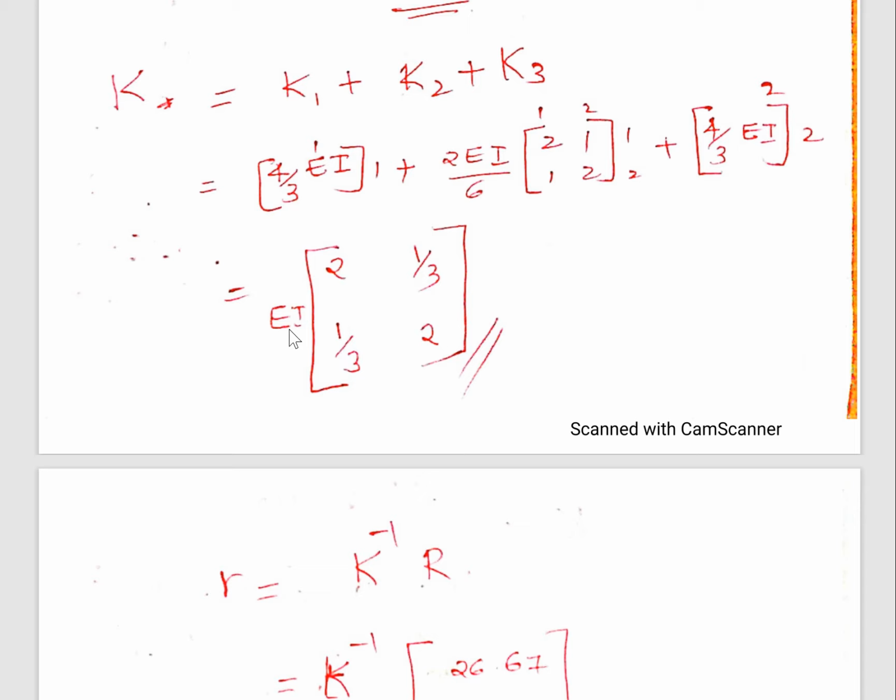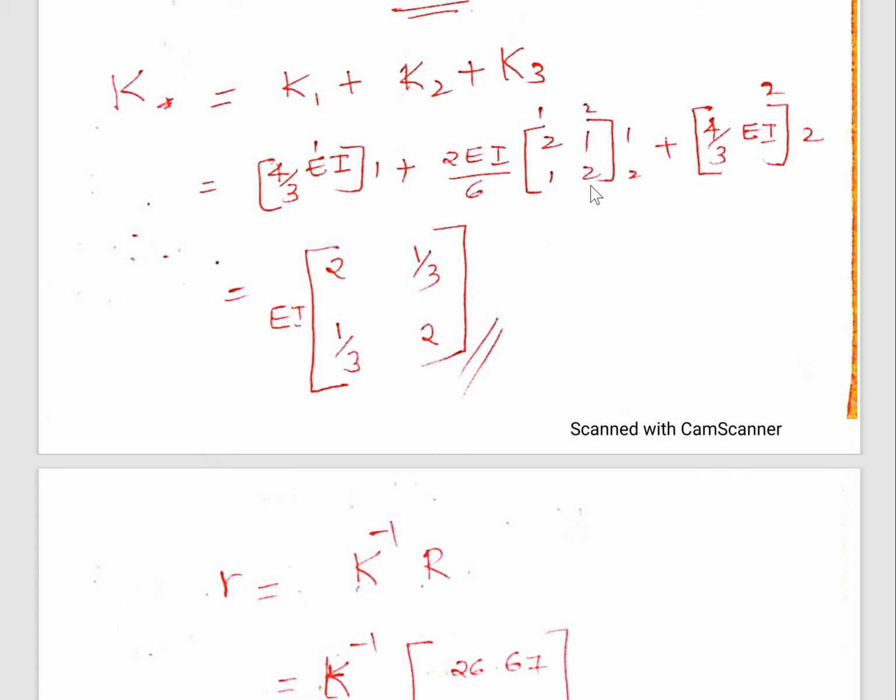Next, for the second column, second row, we have an element in capital K2, and in capital K3 also we have an element corresponding to second column, second row. So we have to add both. Here the element from the 2nd element is 2EI by 6 into 2.